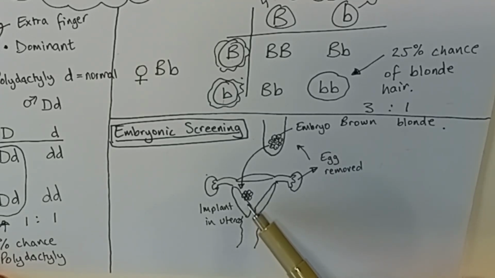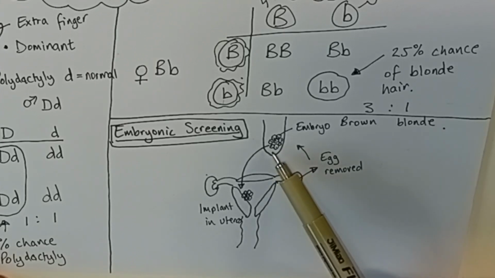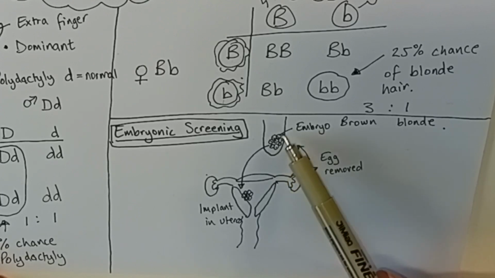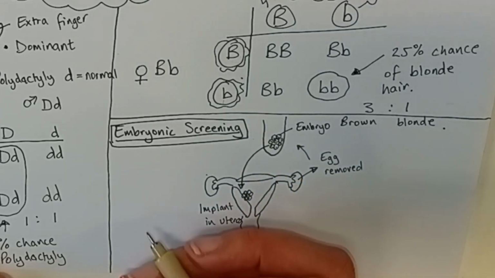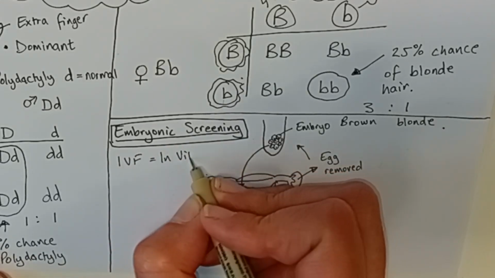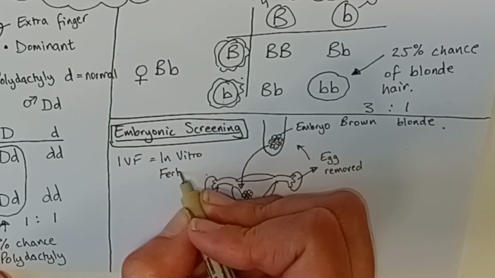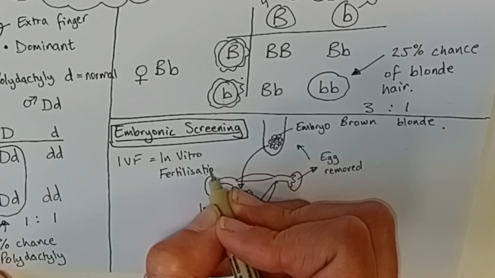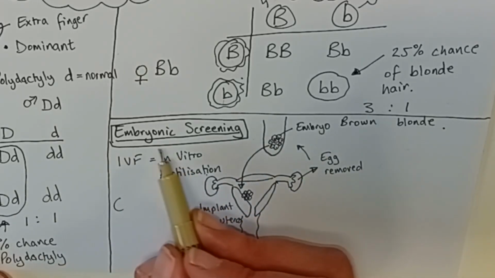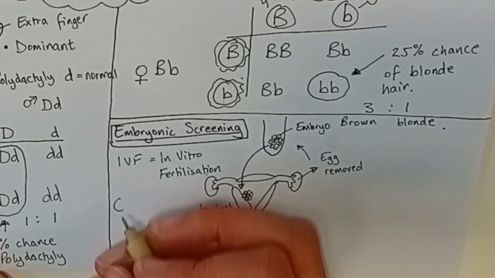So once the baby is growing in the uterus, the woman can have a test where a cell is removed, or it can be done via IVF, where the egg is fertilized, making an embryo in a tube. You then take a cell off there before you implant it. So IVF equals in vitro fertilization. In vitro just means outside of the body. But this can also happen, embryonic screening, during a natural pregnancy.